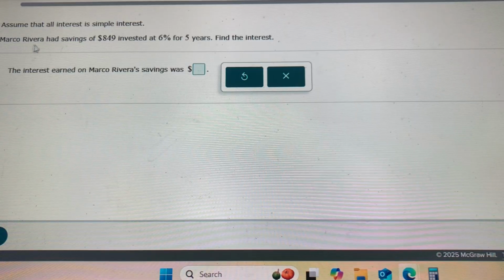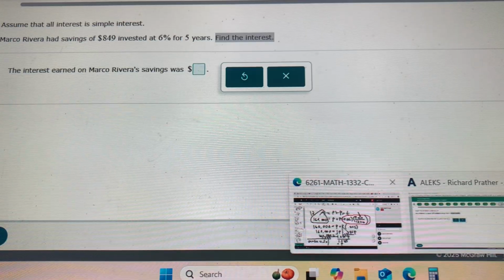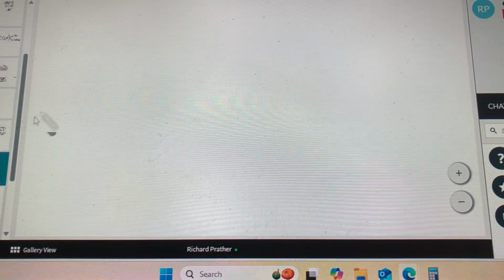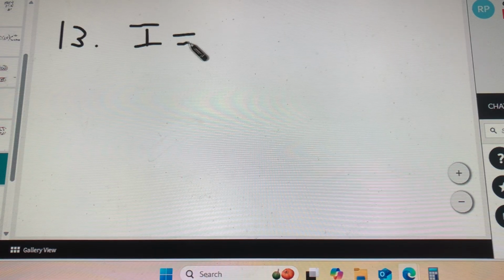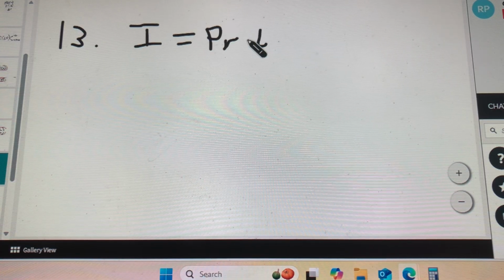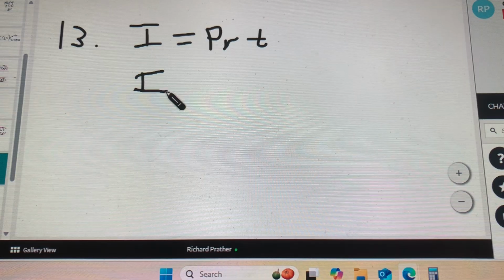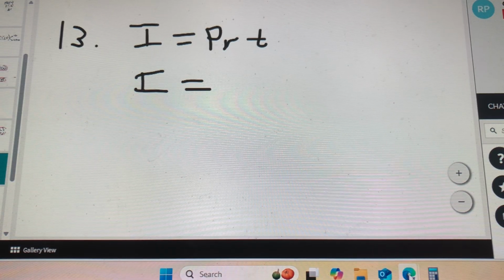Marco Rivera had savings of $849 invested at 6% for 5 years. Find the interest. See, that's clearly which formula to use too. Not only is that the unknown, but it tells me to use the interest formula. And we don't know the interest, so we better know the other 3 things.